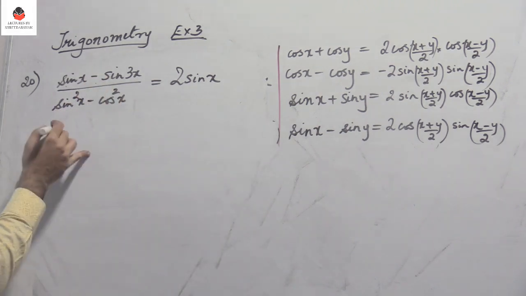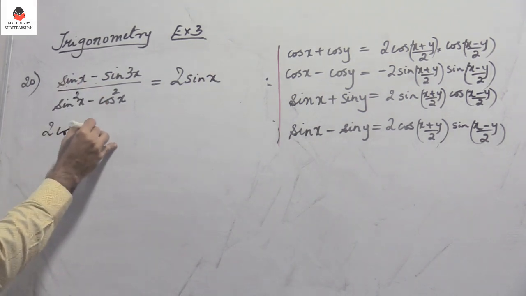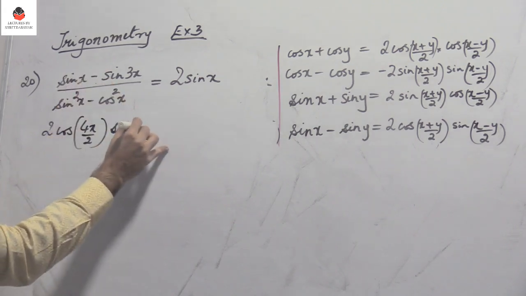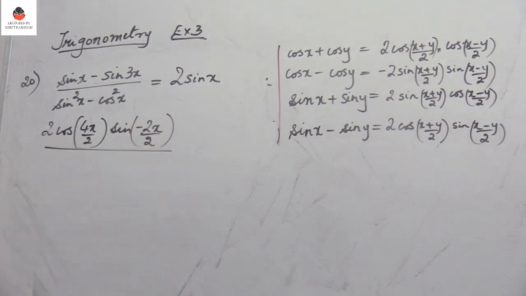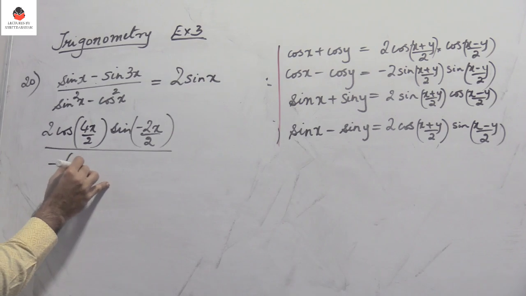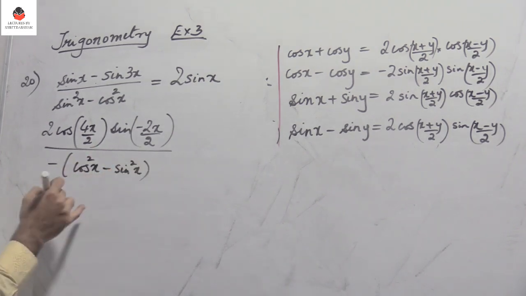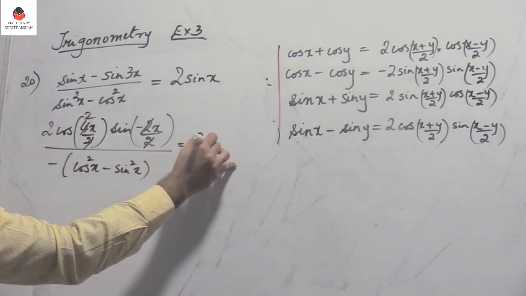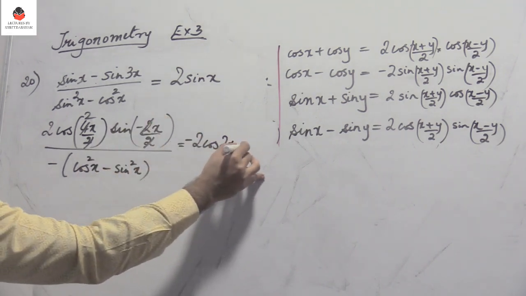Sin x minus sin y is 2 cos of (x plus y) by 2 into sin of (x minus y) by 2, which is 2 cos 2x into sin of minus x, divided by, let me take the minus sign outside, so I will get cos squared x minus sin squared x. So 2 and 2 get cancelled, so you have 2 cos 2x, sin of minus x is minus sin x.